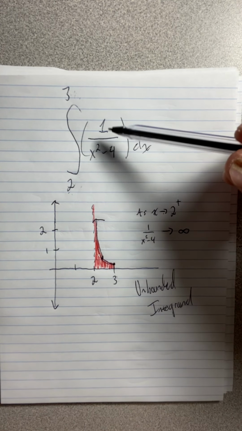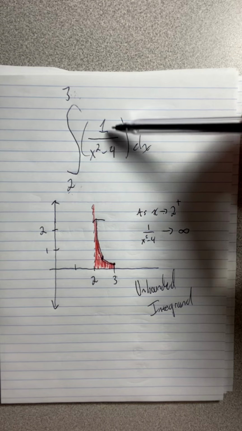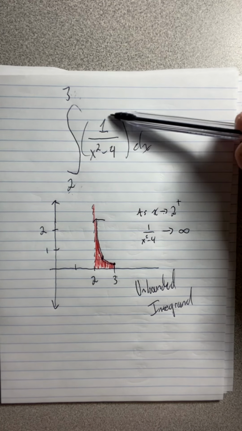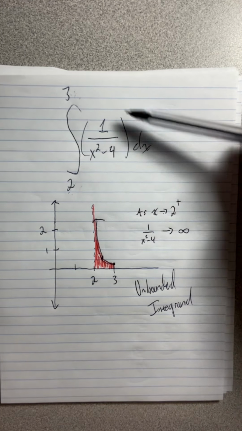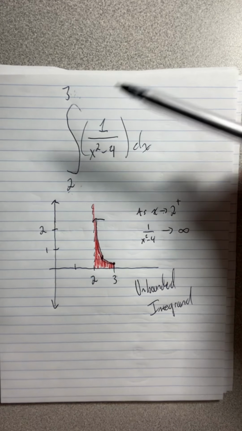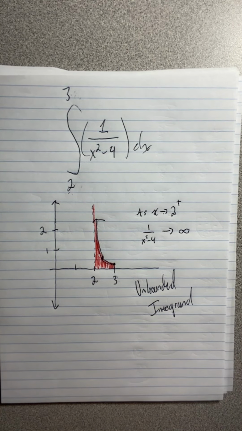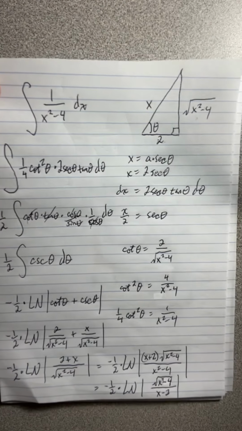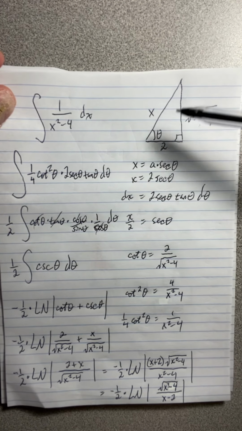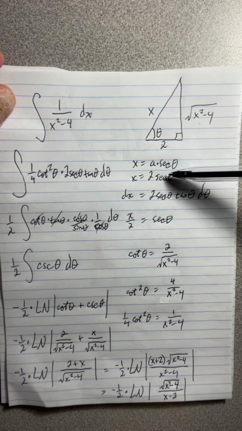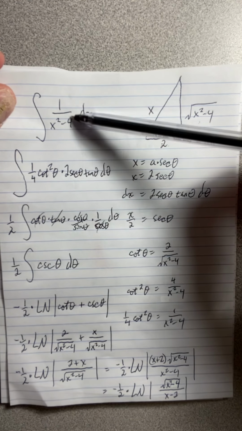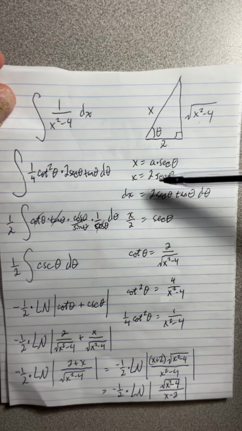Now, this is easily done, well, I don't know about easily, but sufficiently done by trig substitution. So I don't want to walk through all that in this video and make it unnecessarily long, but I did the work here. I let x equal 2 times secant theta, because this 4 tells me the constant is 2.